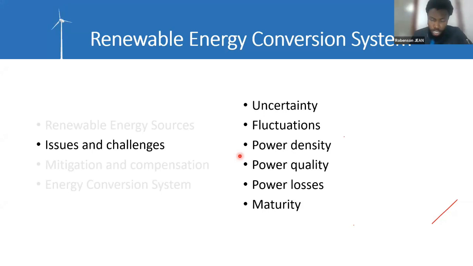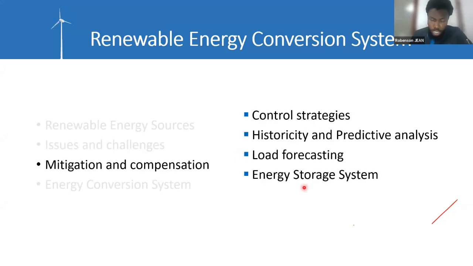And this is part of the mitigation and compensation. And as mitigation, what we can do, we can set some control strategies. The control strategies are some dispositions that we can take in order to overcome these issues.